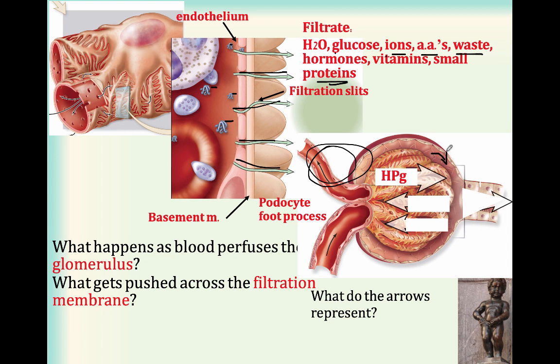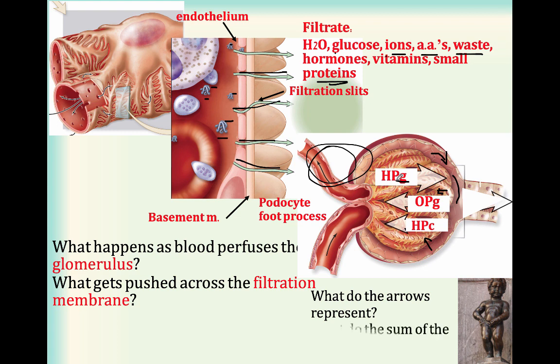Then we have the osmotic pressure, largely due to the proteins in here, but also due to some other solutes, trying to keep the fluid in. Since there is fluid out here, there's also hydrostatic pressure in the capsule, which works against the hydrostatic pressure inside the glomerulus itself.